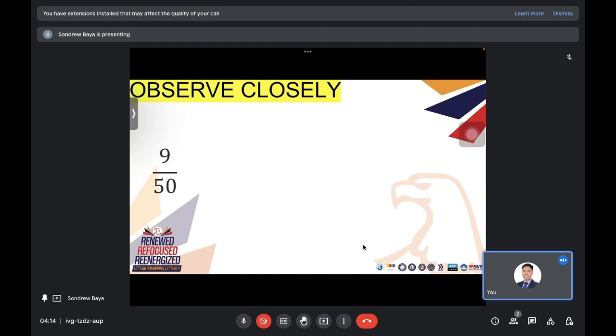How about 9 over 50? Same process, times 100%. If you want to multiply 100 by 9 first, you have 900 over 50. This is what I'm telling you. If you multiply first, sometimes you get a very big number like this, which later on you're going to simplify with the denominator.